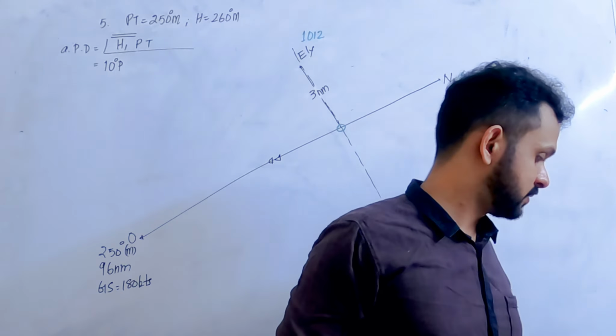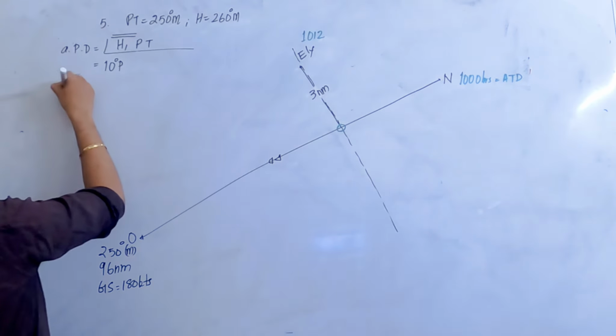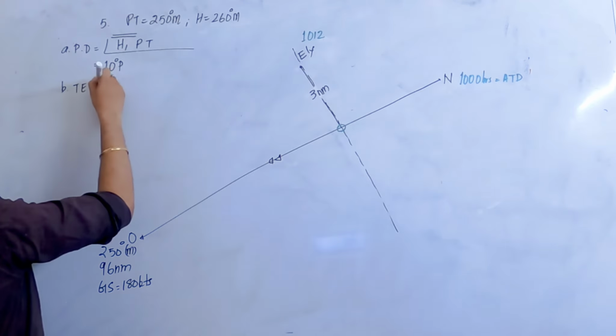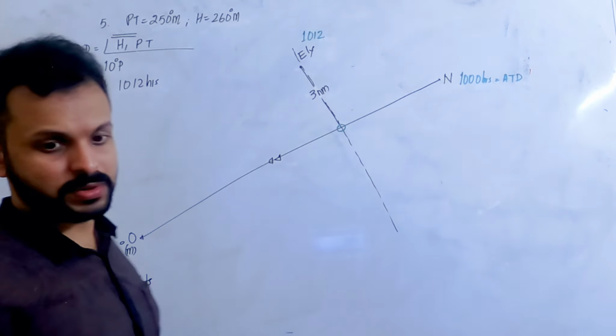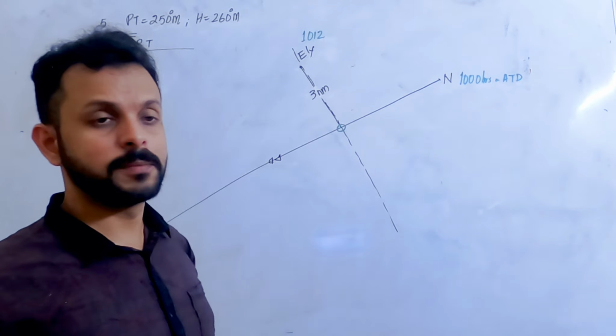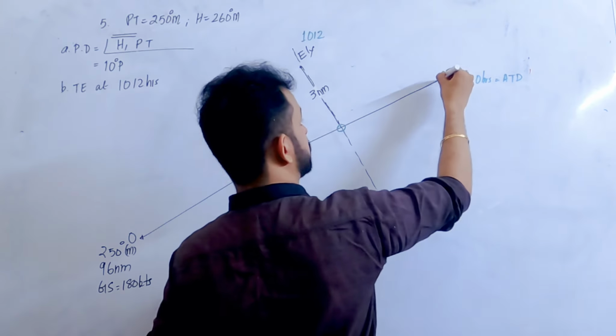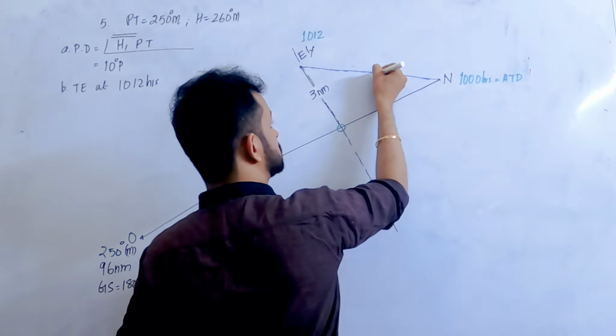Alright, yes. What is the track error at 10-12 hours? All basic questions. To find track error, along with the planned track, I also have to draw the track made good, or the actual track. So let's draw that.